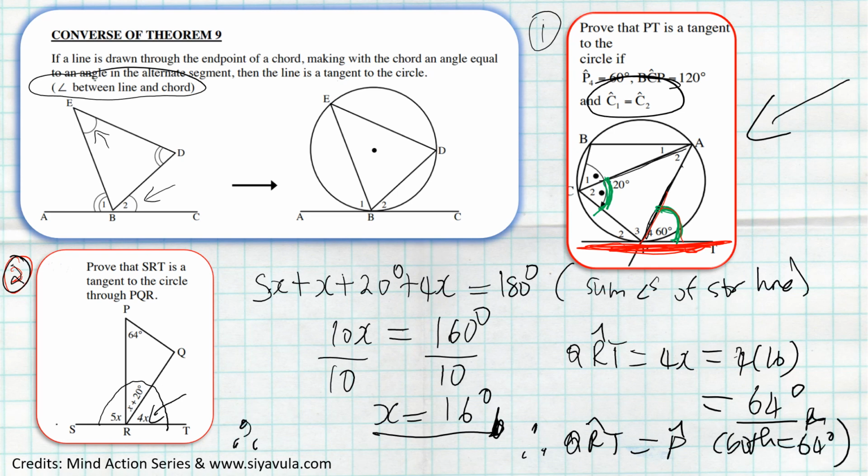Therefore, we can conclude, indeed, SRT is a tangent. And why are we saying it is a tangent? By converse theorem 9, or rather, you can just say the angle between line and chord is equal to the angle in the alternate segment.